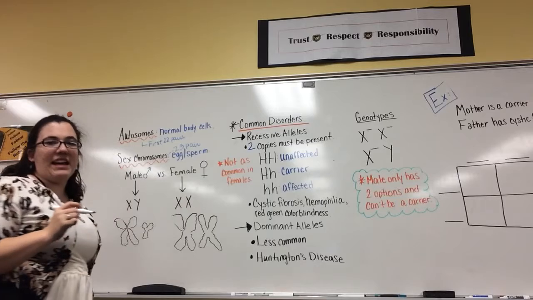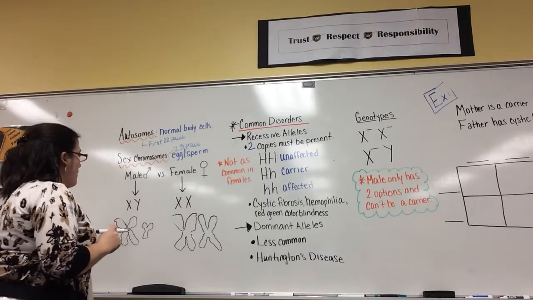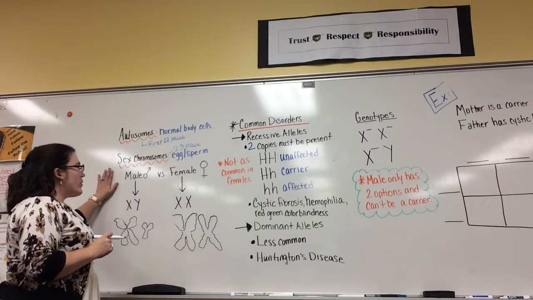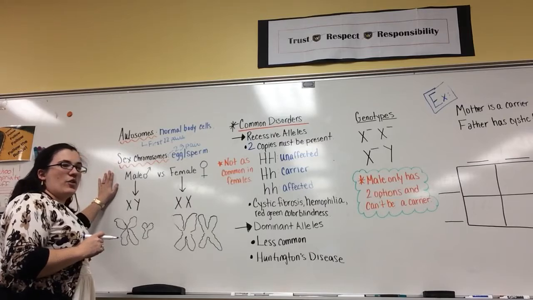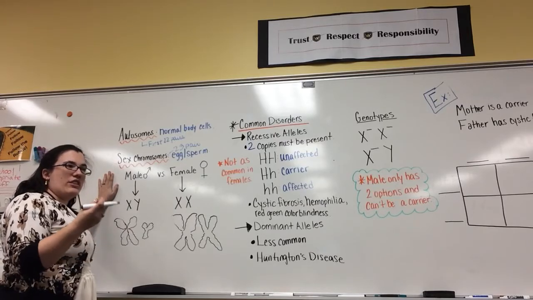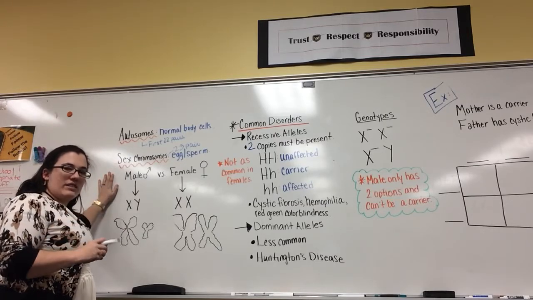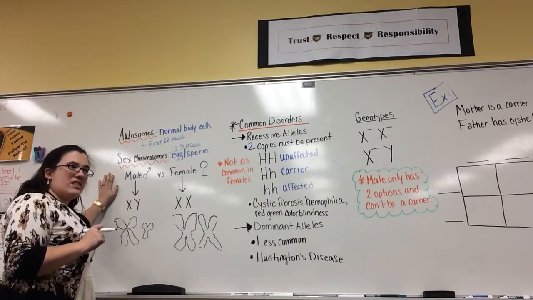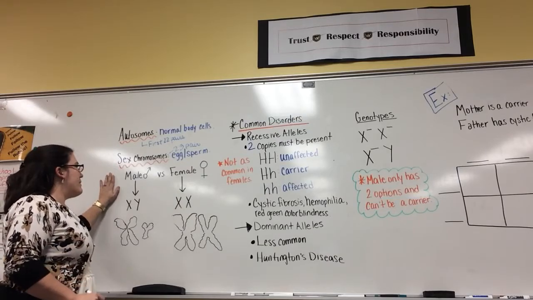Okay? And that's something to know and remember. So these sex chromosomes are the 23rd pair, and there are some disorders that are linked to those. And those sex chromosomes are what determine whether we are male or female.